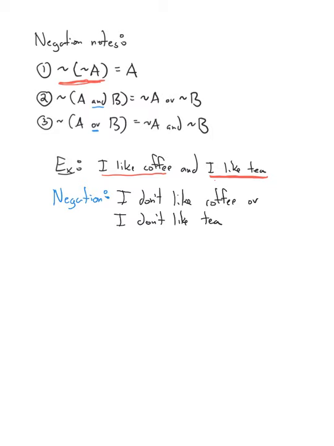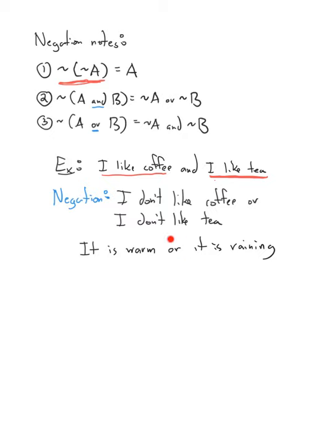Negating an or statement, well, it's the same idea. Imagine I said something along the lines of, it is warm or it is raining. So imagine I said that statement. When would this be false? Well, this would be false exactly when both of these guys are false.